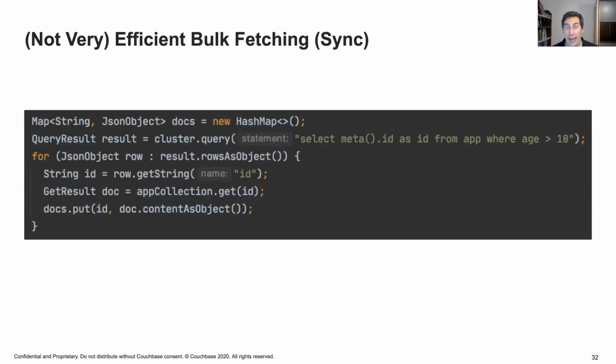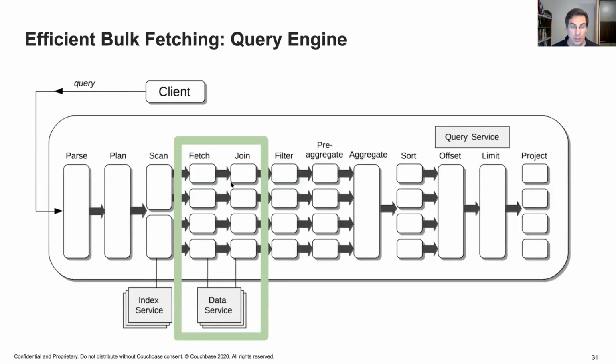Now, there is one technique you can use to offload some of this logic to the client. And the reason you might want to consider doing this is that imagine you have one query service and 6 data nodes. Now, when you perform a N1QL query, it will do the fetch against all 6 data nodes, but then send it back to the one N1QL query service, perform the operations, and then stream it back through the one socket, right?